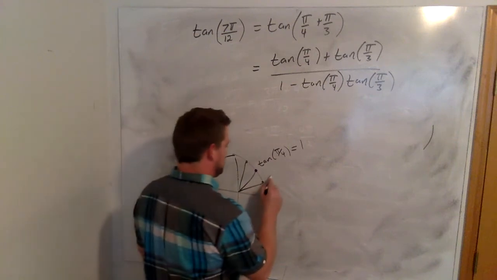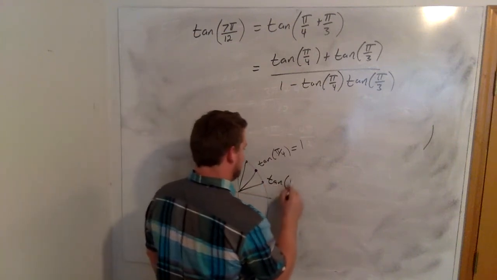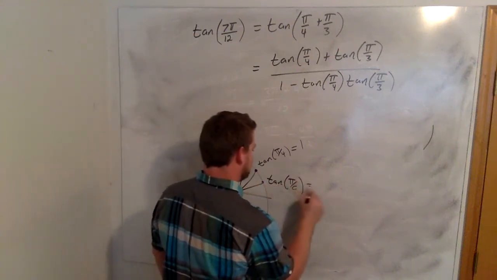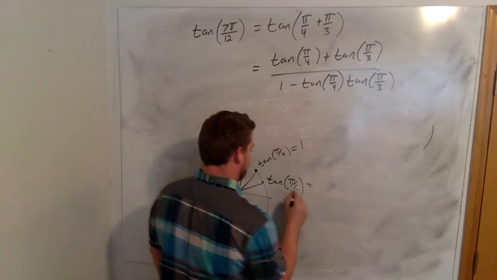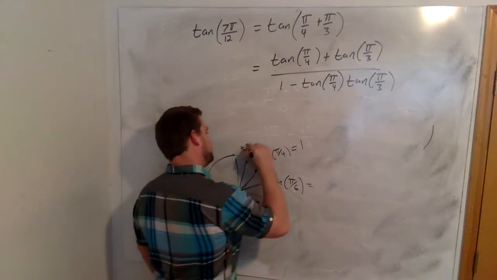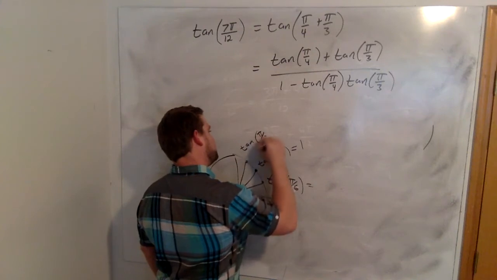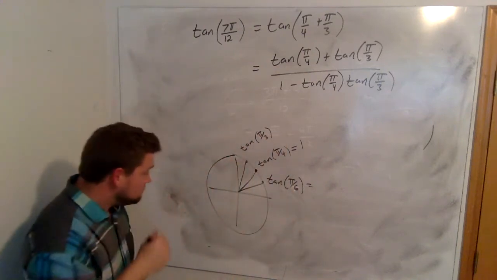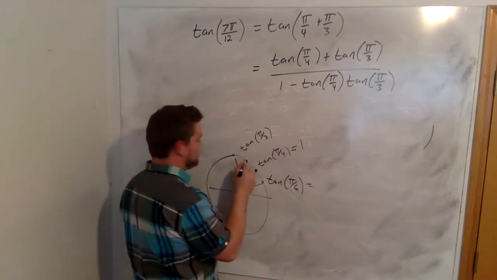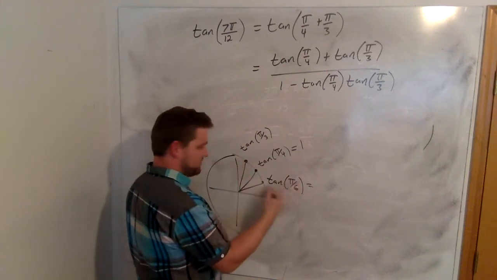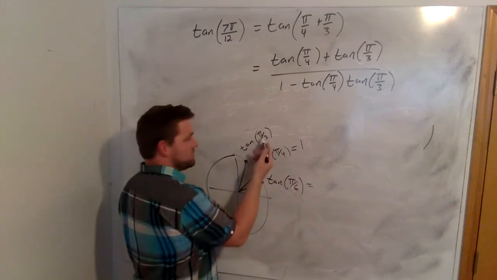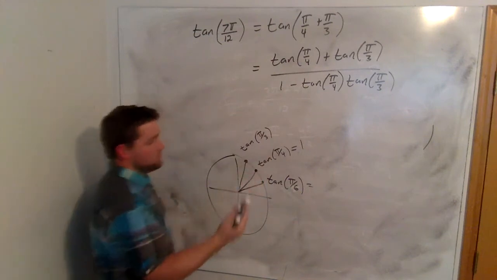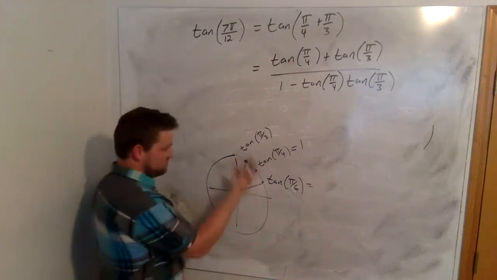Okay, there's also tangent of pi over 6, and tangent of pi over 3. Now you could compute sine of pi over 6 over cosine of pi over 6, or sine of pi over 3 over cosine of pi over 3. It's great just to know these values.